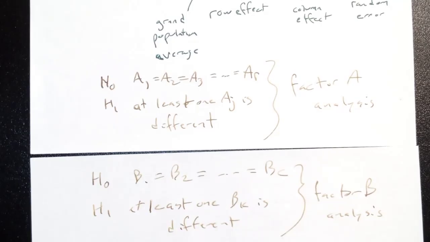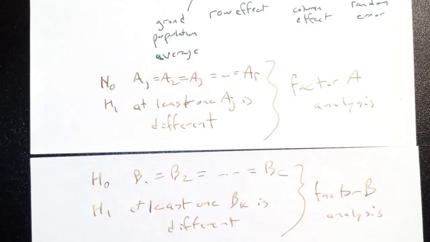I'm hoping that's the case. Now we have to keep these together. So we might be able to say, hey, being in a row does cause something, but being in a column doesn't. Or being in a column causes something, being in a row doesn't.